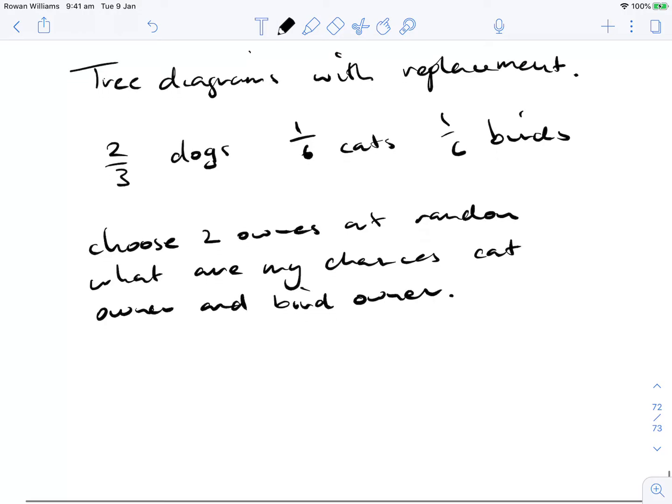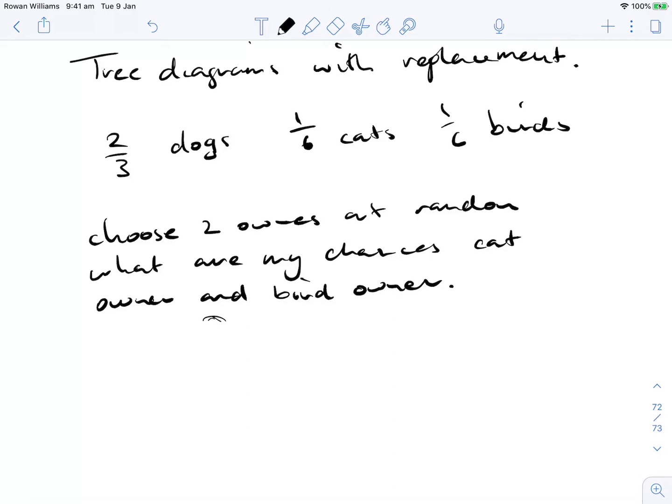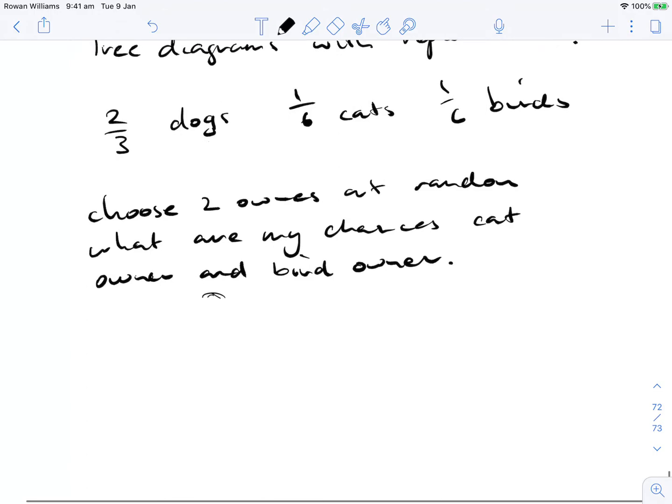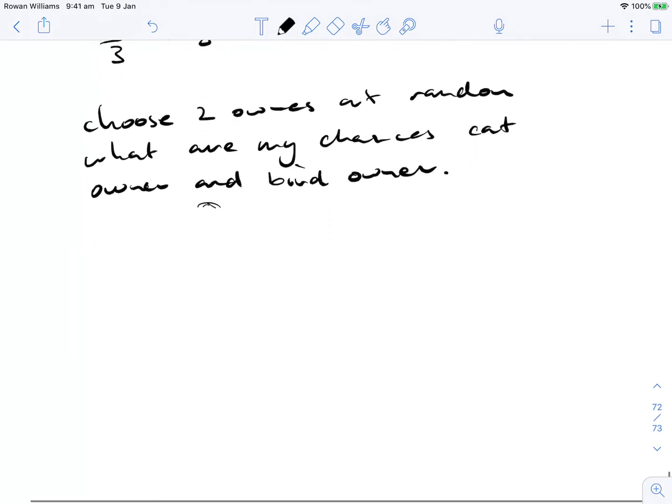So a cat and a bird. That's probably a little thing to keep an eye out for to start with, because sometimes we can be asked a cat or a bird owner, which would change our question a little bit. So we're going to use tree diagrams to solve this.